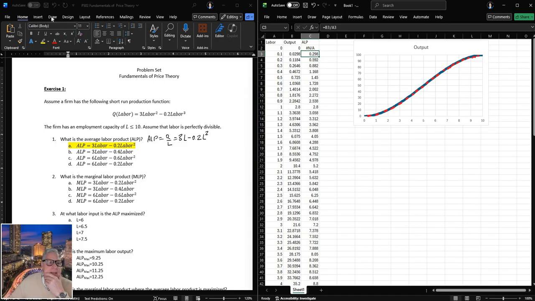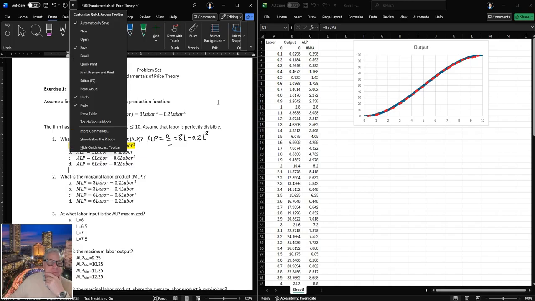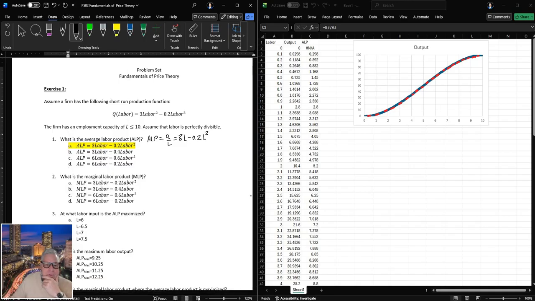But mathematically, the slope is the first derivative. So the marginal labor product, or the marginal product of labor, MLP, is the first derivative, dQ with respect to dL. So we get 6 labor minus 0.6 times L squared.